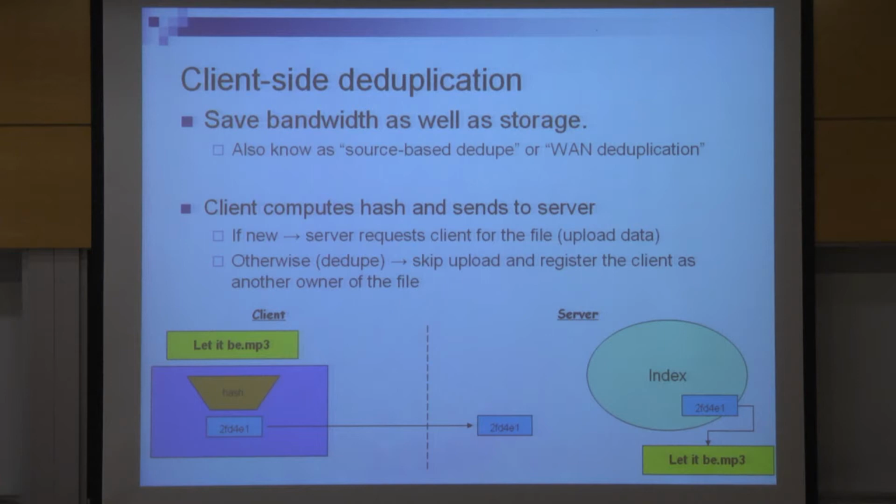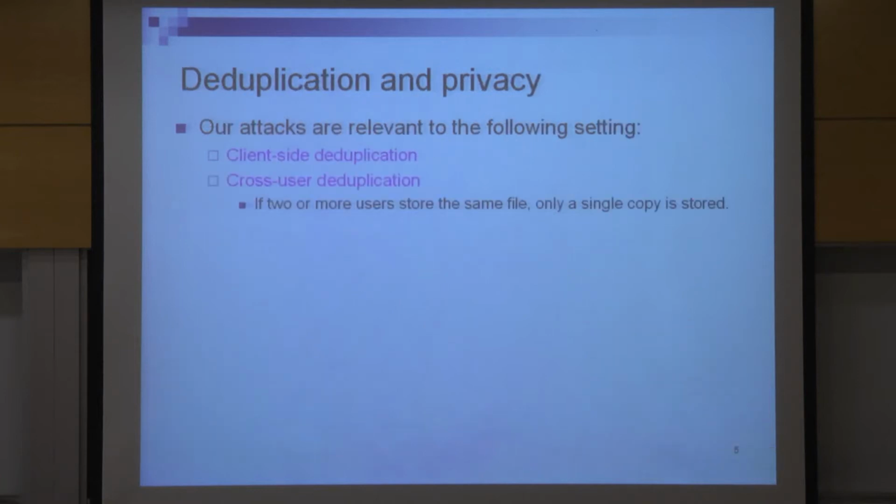And now the third one, the other thing we had up there is security. So deduplication and security, or privacy in this case, is an issue. And we've shown it's an issue in two works that I'll go over in this presentation. And it's relevant to the following setting.